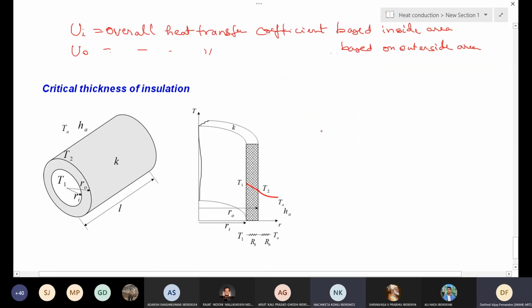Now, a very practical example I am taking here is the critical thickness of insulation. If you consider an electrical wire and allow current to flow through it, you will come to know that its temperature will increase, so the surface temperature is greater than the atmospheric temperature.